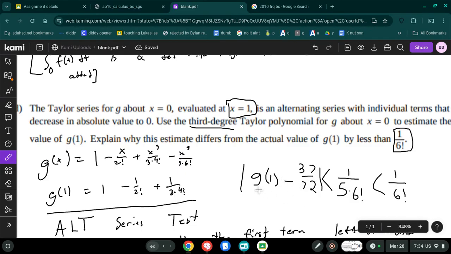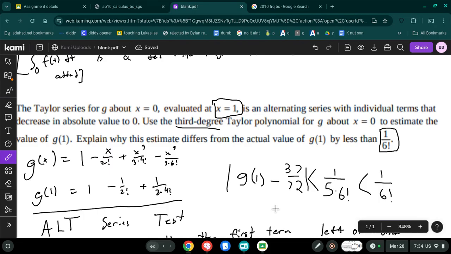So the real g sub 1 minus this estimate, as we're using the series, should be less than the next term, which is 1 over 5 times 6 factorial. We'll state that we're showing why the estimate differs from the value of g sub 1 by less than 1 over 6, because this is smaller than 1 over 6 factorial.